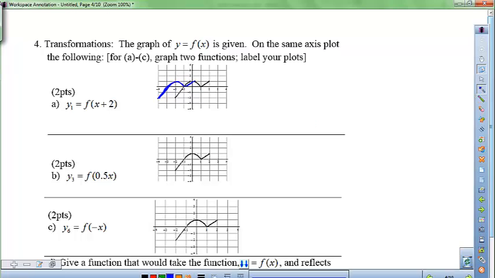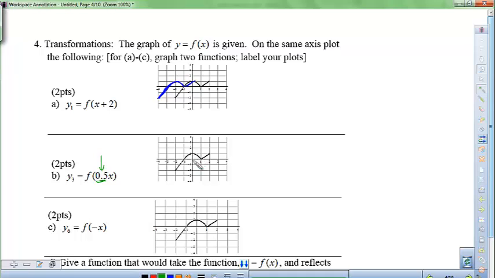Alright, the next one, we have 0.5x. Now this thing is a stretch or compression vertically, and because it's less than 1, it actually will stretch it by a factor of 0.5. So basically it'll compress it by a factor of 0.5 or stretch it by a factor of 2.